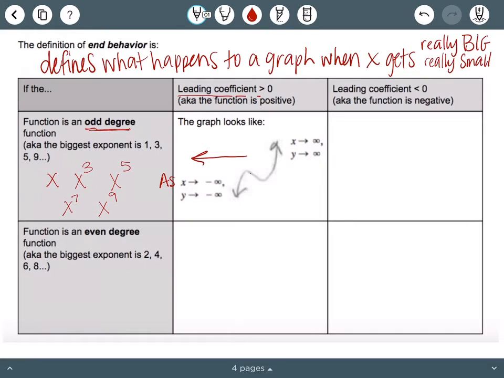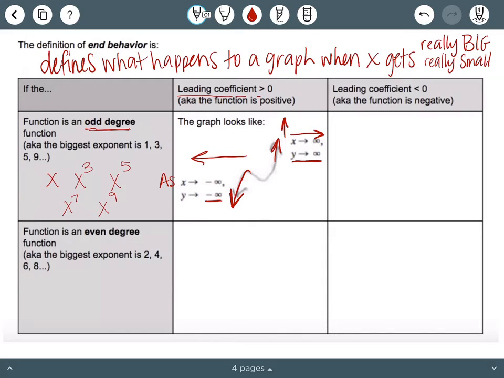And what's happening to the graph is that the graph is going down. So we would also say that y is going to negative infinity, right? What this says here is as x goes to positive infinity, so as we go this way, we want to know what happens to the graph. And what's happening is that it's going up. So y is also going to infinity because our y's increase as they go up.